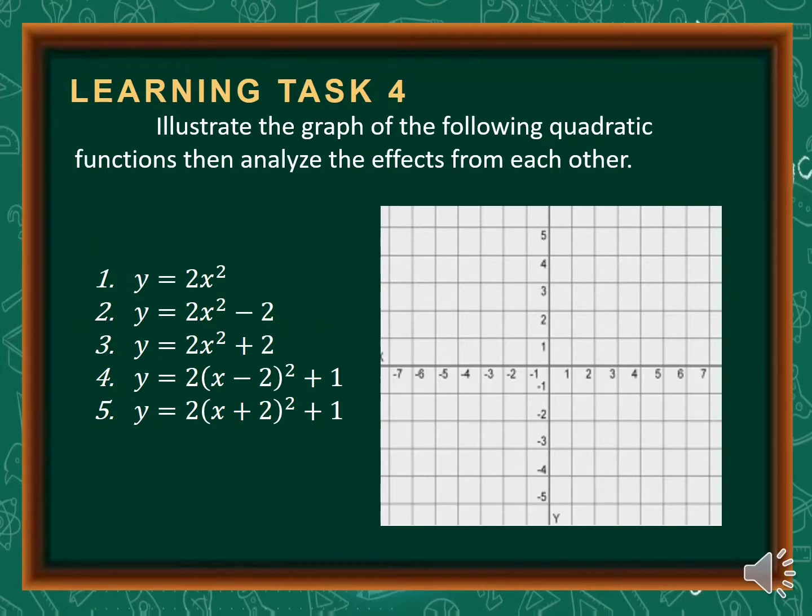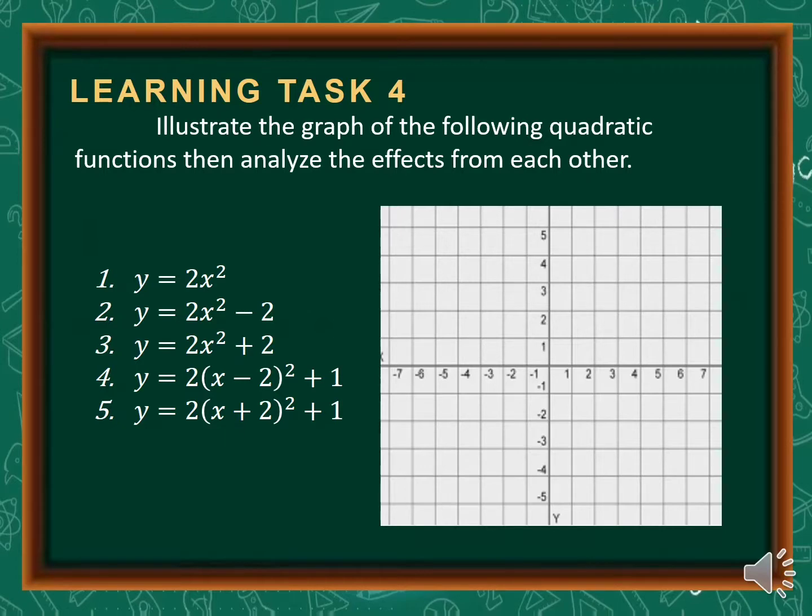So our parent function or parent equation is y is equal to 2x squared. So let us see what will happen to one another after changing or after adding constant or value of h and k to one another.